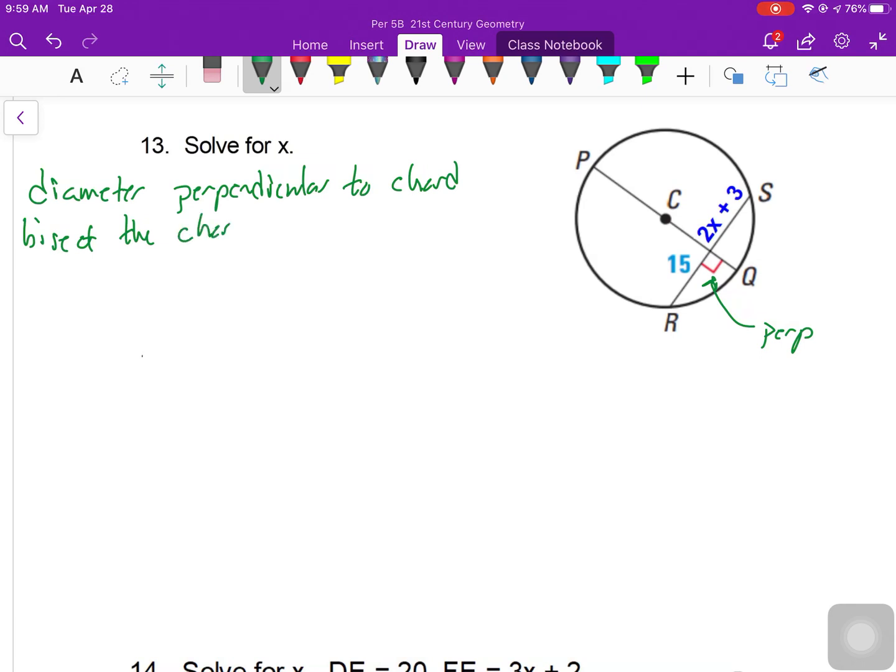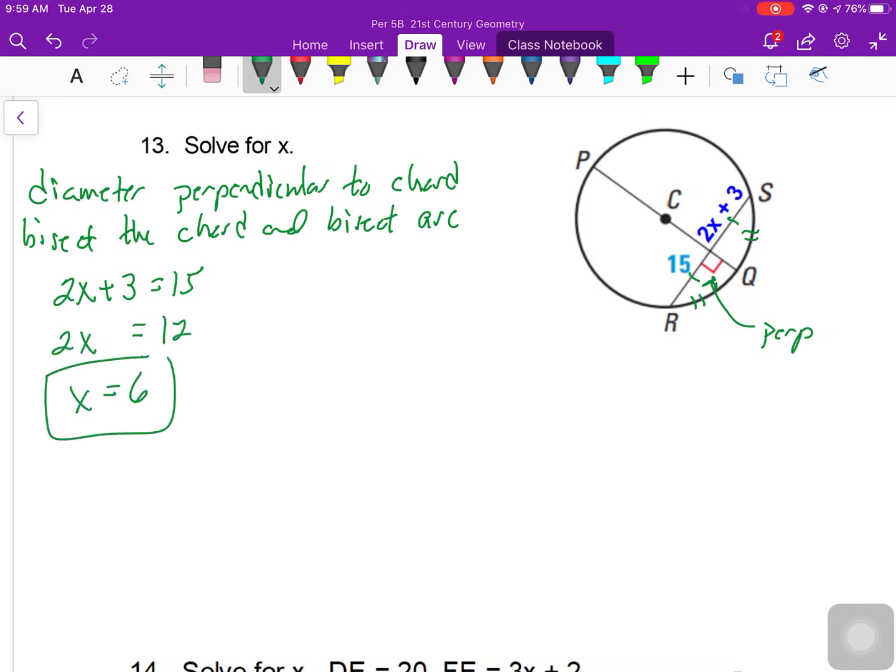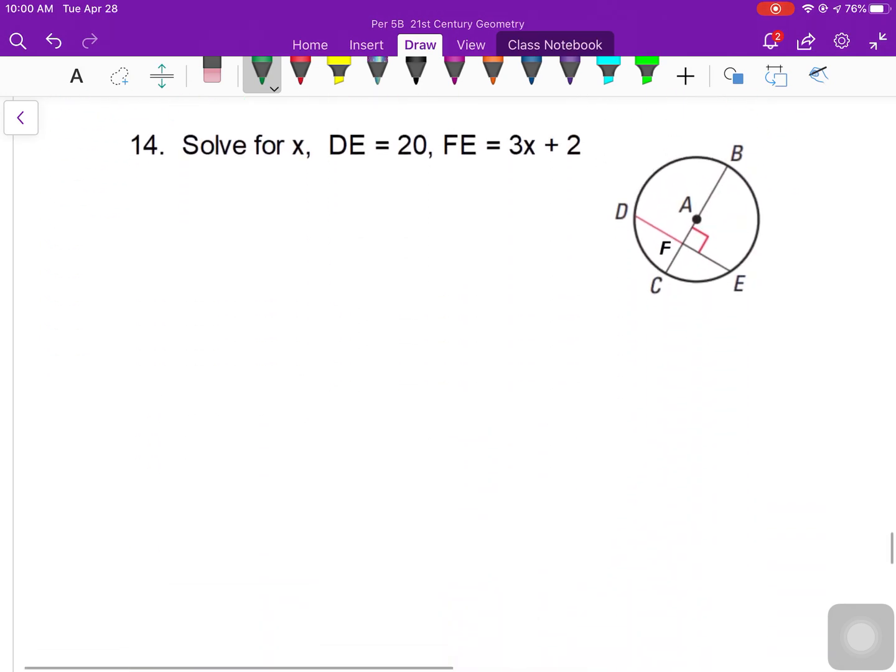So we know it will bisect the chord and bisect the arc. That means that these two chord pieces are congruent and these two arcs are congruent. Once again, we're only interested in the chord being bisected, so the 2x plus 3 will equal 15. Subtract the 3, so x would be 6. Okay, let's check out another one of these.